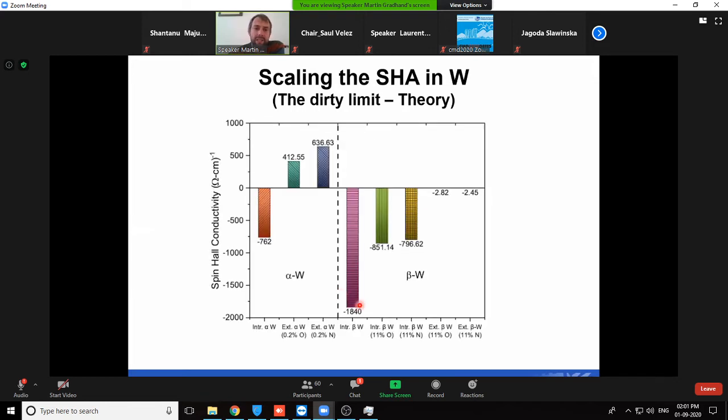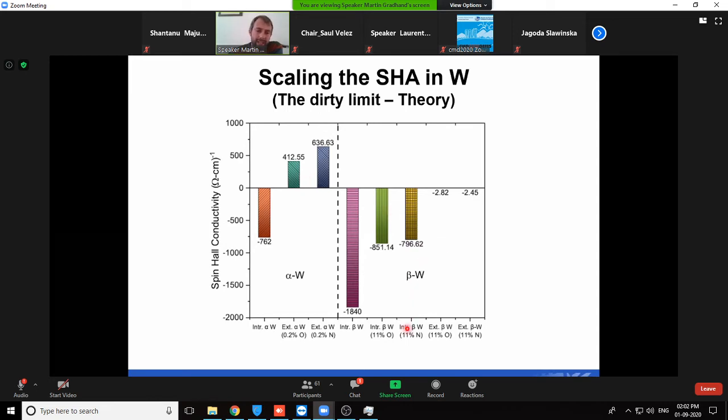So what we did is we explored what effect this oxygen has on the system. What you can see here is the intrinsic value for alpha tungsten, and this is the intrinsic value for beta tungsten. And then if we dope alpha tungsten with a little bit of oxygen or nitrogen, you get an opposite sign contribution. So in the worst case scenario, these completely cancel and you get a very small contribution.